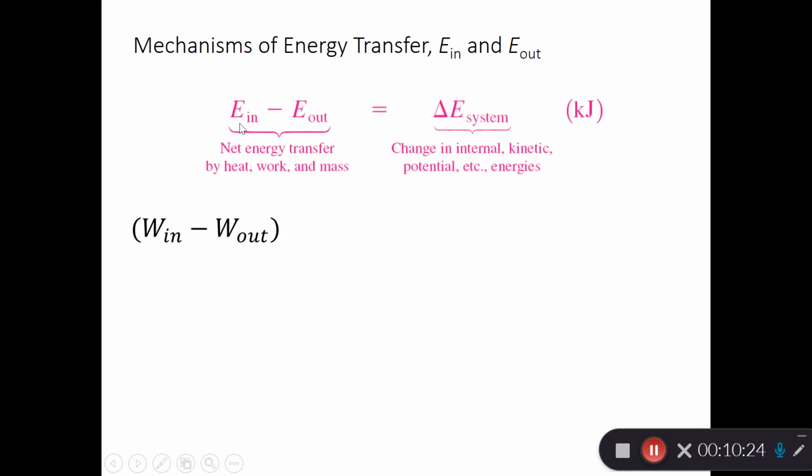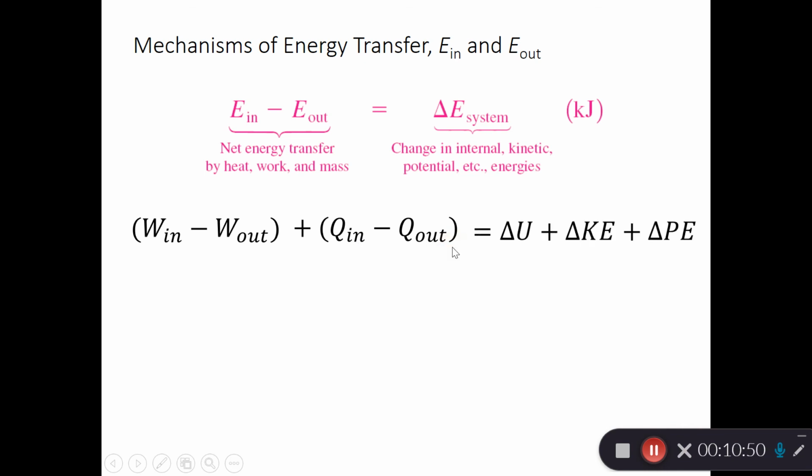For E in and E out, there are only two types of energy transfer, if you remember: heat and work. We can write the work portion first, and then the heat portion. The work can be shaft work, electrical work, spring work, and all that. Let's just call it work for now. And we have the heat in minus heat out.